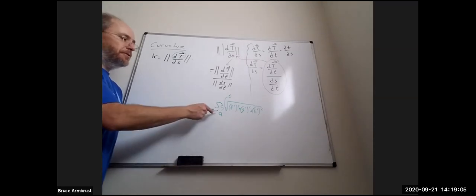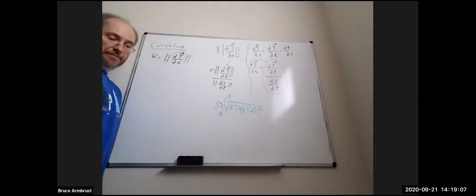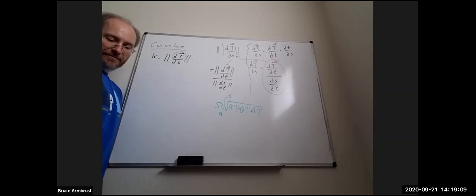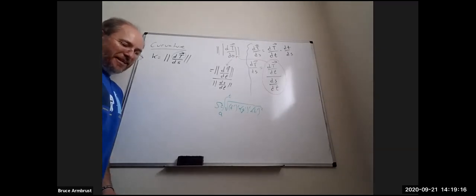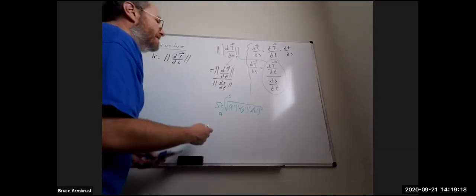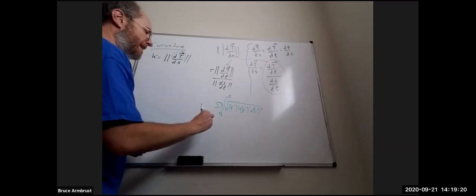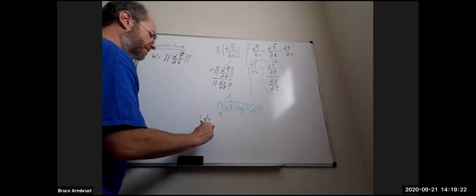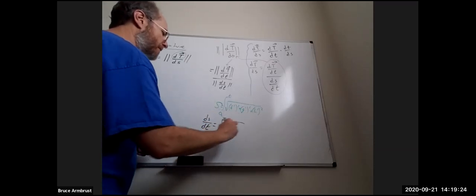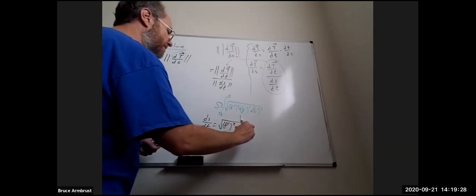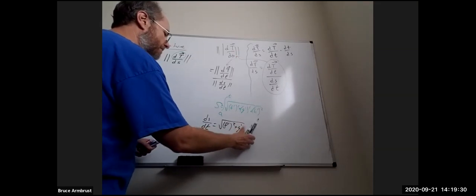So what happens when you differentiate an integral? You just get the function. You get what we started with. So the ds/dt is just going to be the square root of f prime squared plus g prime squared plus h prime squared.